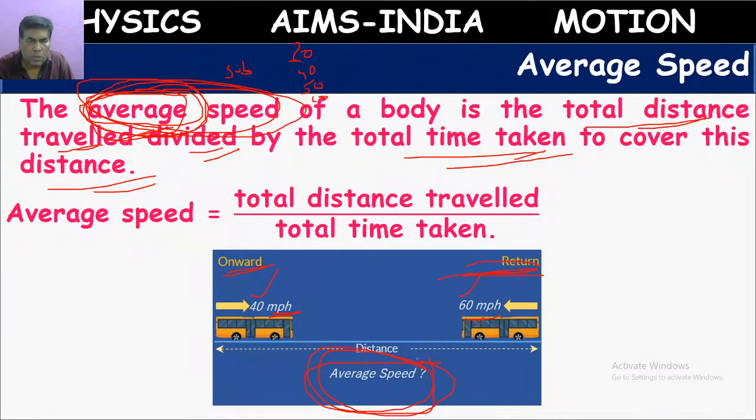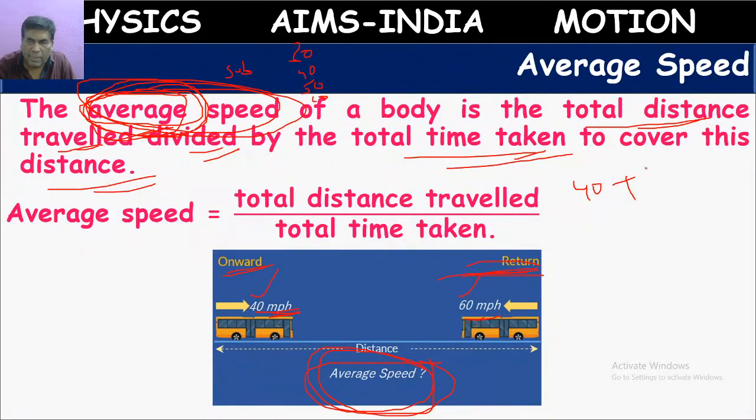Average speed means total distance by total time. Somebody giving answer 100, 50. 100 is wrong. Is 50 correct? What is the formula here? Total distance traveled by total time. Here what is 40? 40 is speed here.